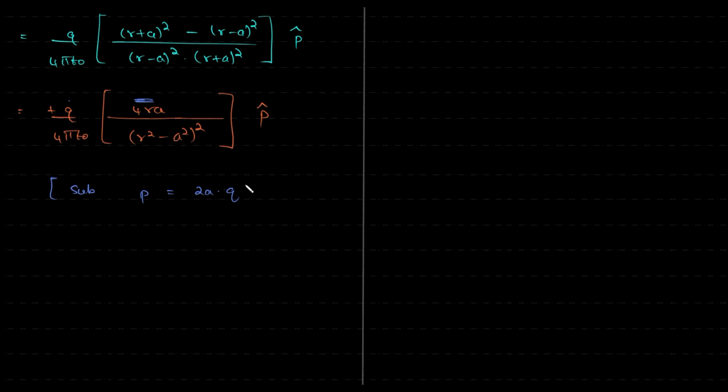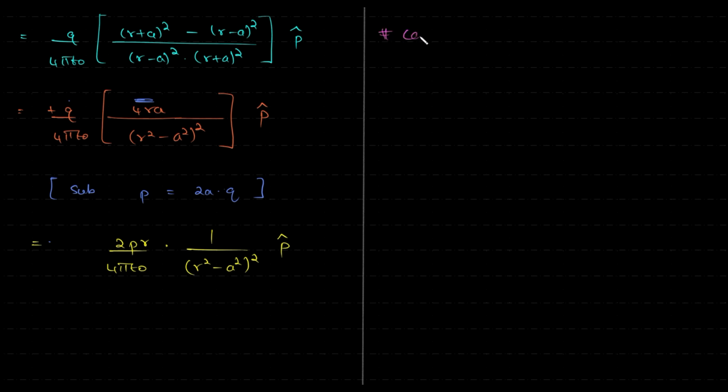Basically, this will turn out to be 2pr by 4 pi epsilon naught into 1 by r square minus a square the whole square, p cap. Right? This is for a distance where r is greater than a, but not that great.